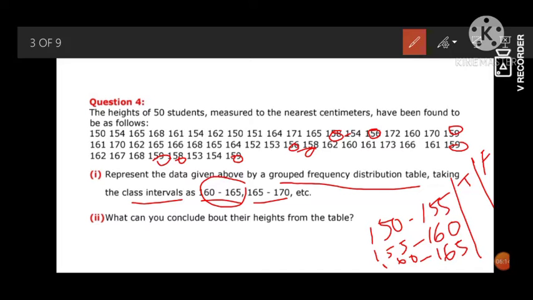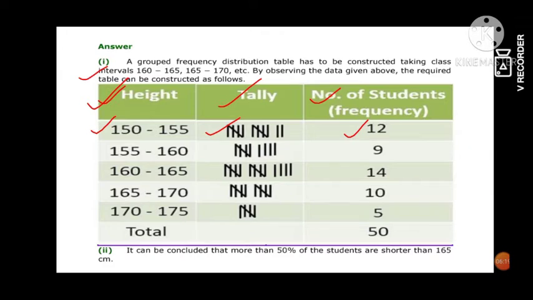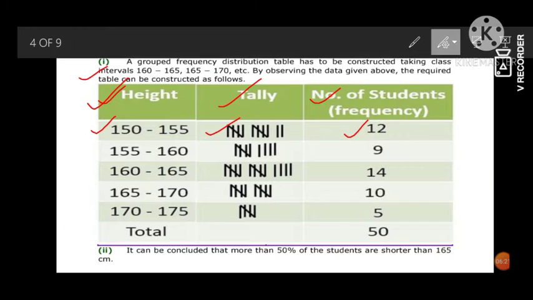So clearly we have 9 such numbers. So for 155 to 160 we have 9 such numbers. So our frequency is 9. So in this way we will proceed. So this is our grouped frequency distribution table.